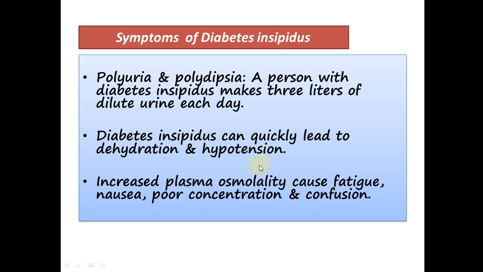As a result, plasma osmolality is increased. There is loss of water, the concentration of solutes increases, and it can cause fatigue, nausea, vomiting, poor concentration, and confusion due to the effects on the brain and central nervous system.